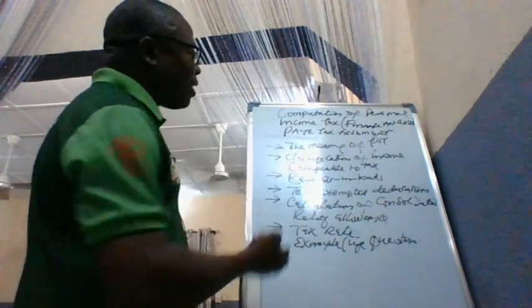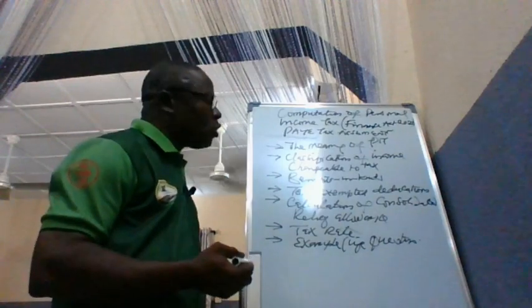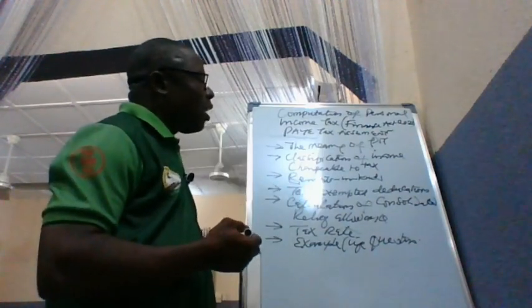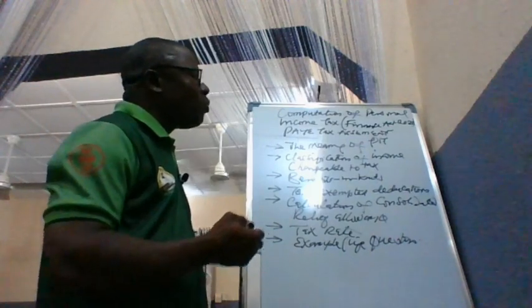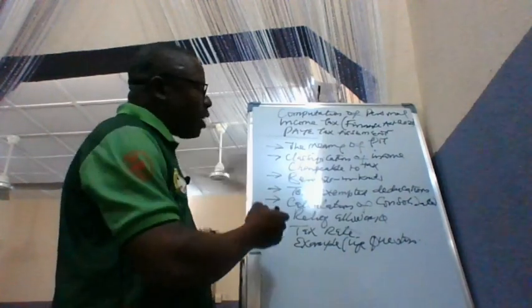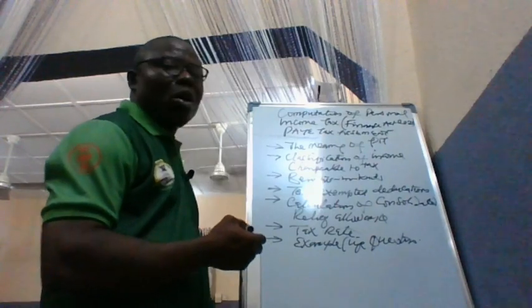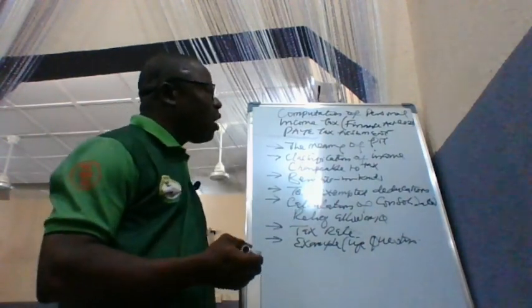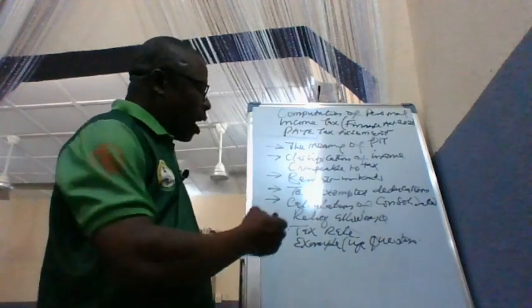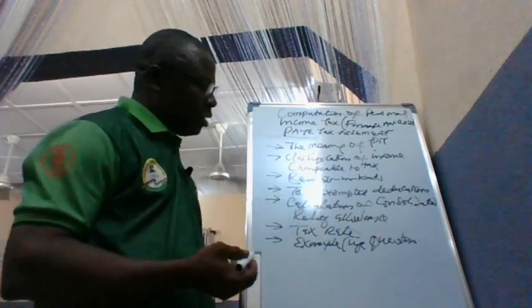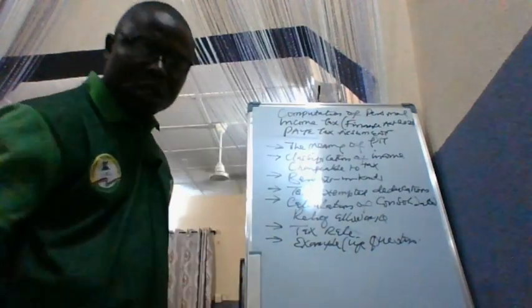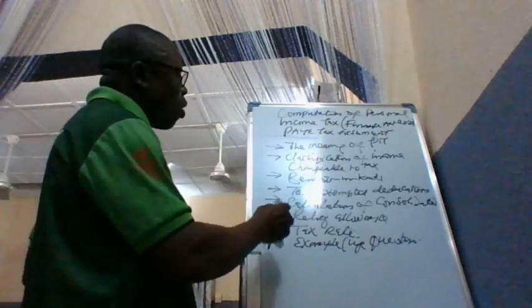Then tax exempted deductions, the calculation of the consolidated relief allowance, that is CRA, the tax rates, and finally a live question or problem to solve. We'll look at these one by one.